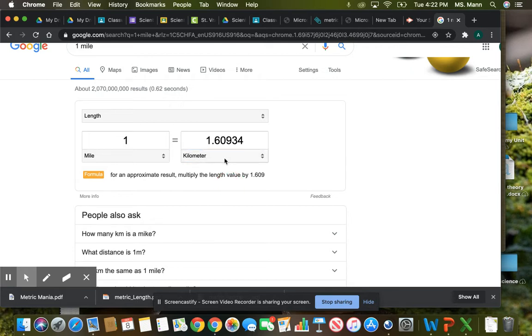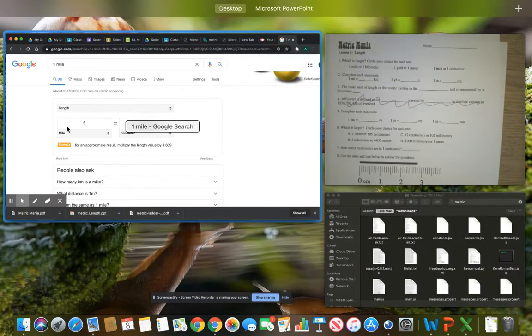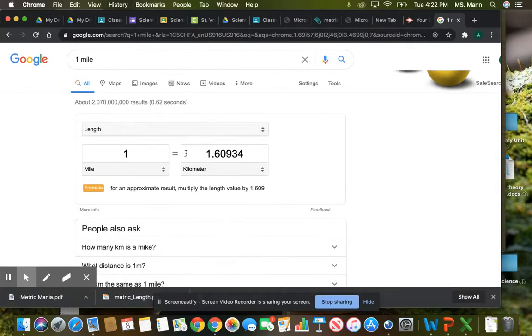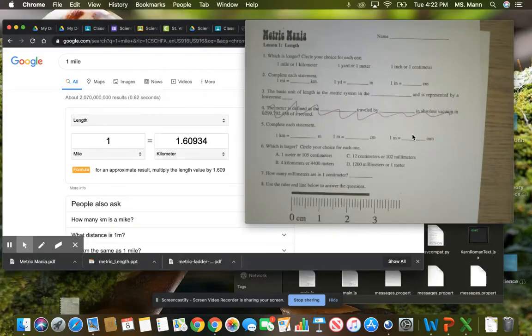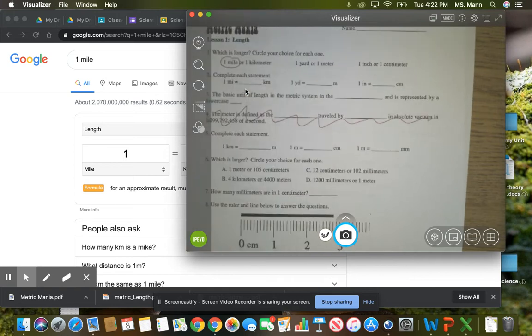Now, if we need to know which one's bigger. So if every 1 mile contains 1.6 kilometers, that means a mile is longer, right? Which is longer, a mile. 1 mile equals 1.6 kilometers. So you go ahead and circle a mile.